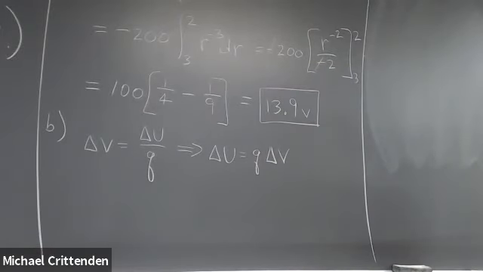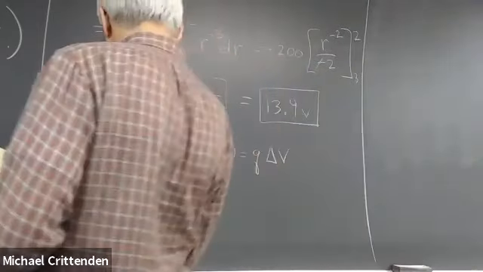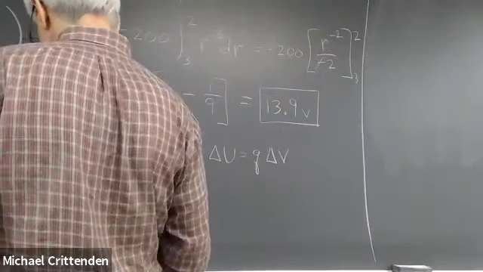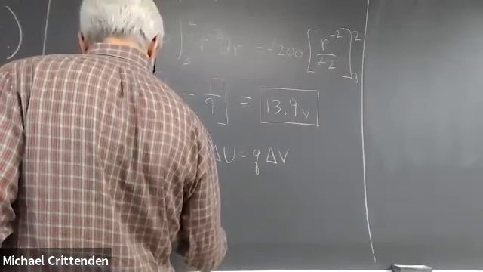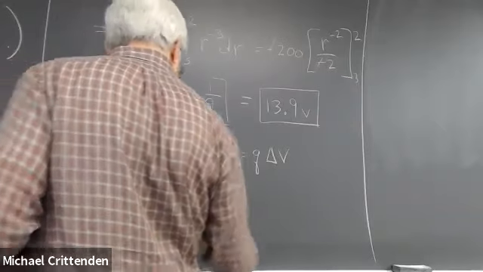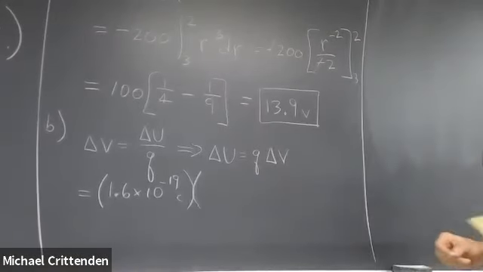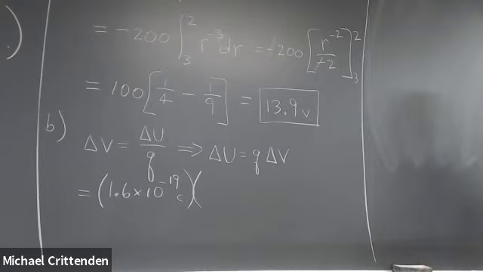Multiply both sides by Q and then fill in the numbers. Charge on a proton is the same as the charge on an electron, except that it's positive.